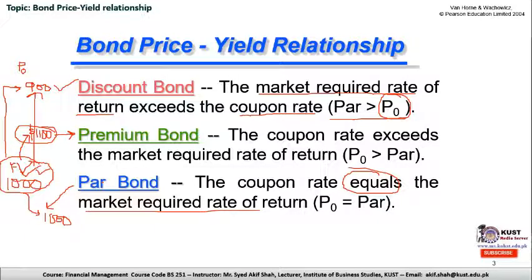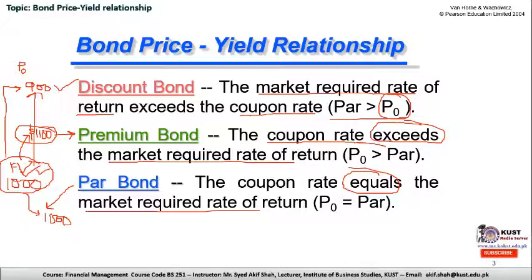Looking at another way around, we can also define a premium bond in a fashion that if the coupon rate on such a bond, which is the stated interest rate, exceeds the market required rate of return, in that case the bond is known as selling at a premium price, or it is simply known as a premium bond.